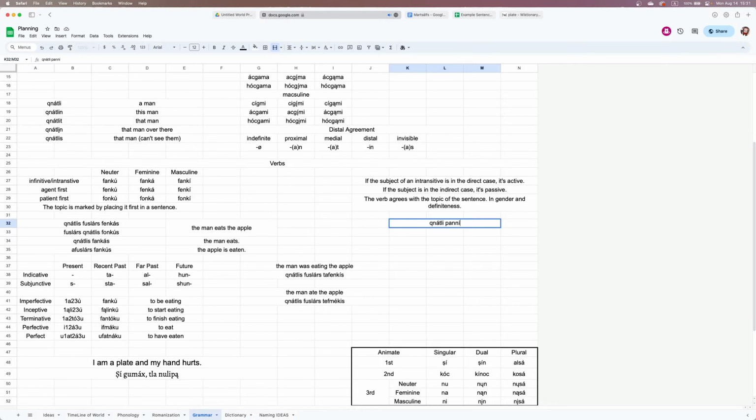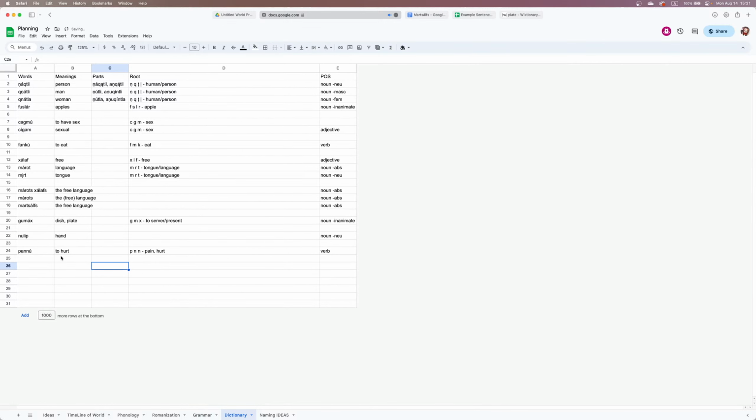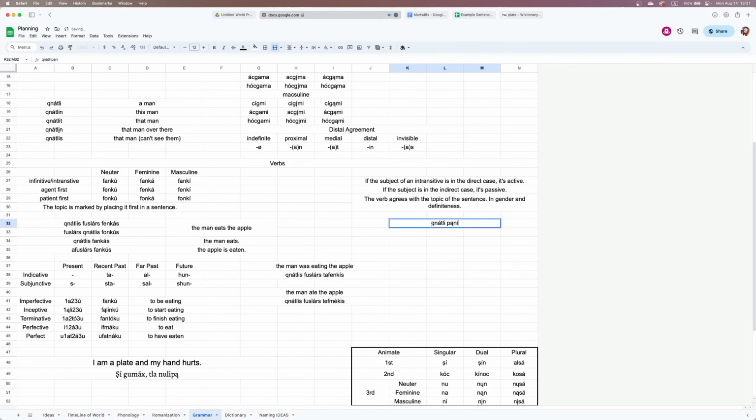There we go. Gnatli pani. Actually, let me make that a long so Gnatli pani. That is present tense. The man is in pain. The man is hurting. The man hurts.